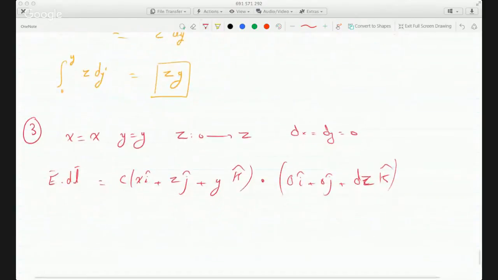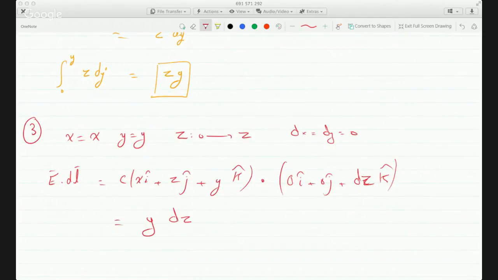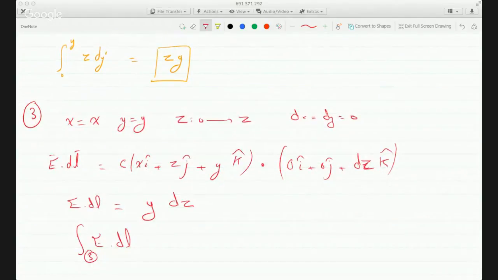So the only term that survives is the last term, which is y dz in the dot product. And so if I evaluate this on path 3, I will get the integral of y dz prime from 0 to z.